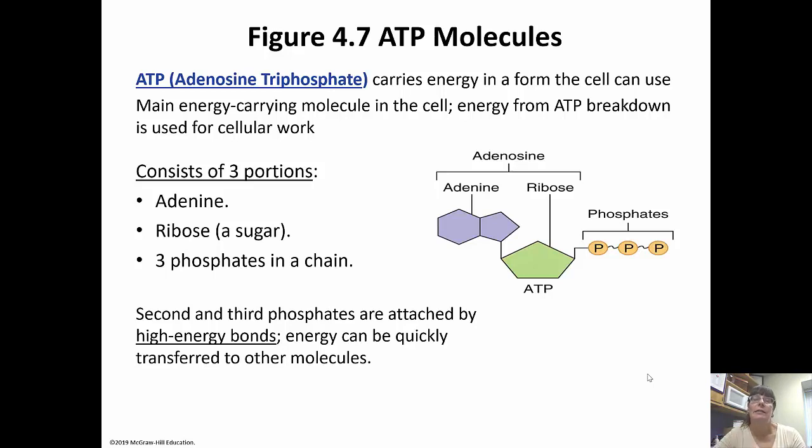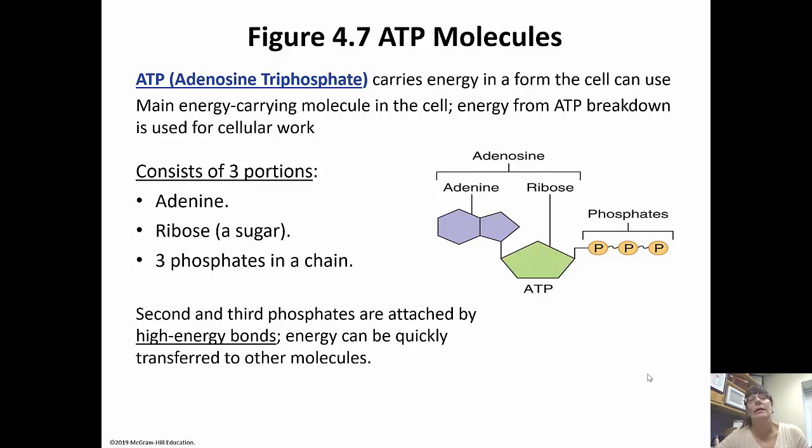Now that third phosphate group is really unstable and it has a lot of energy in that bond. So if you break off that third phosphate, it can then attach to another molecule and give its energy with it. So it can fuel a reaction that could happen. And then you can attach that phosphate again and you have your ATP back.